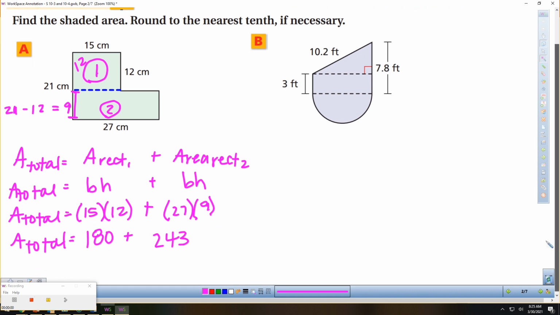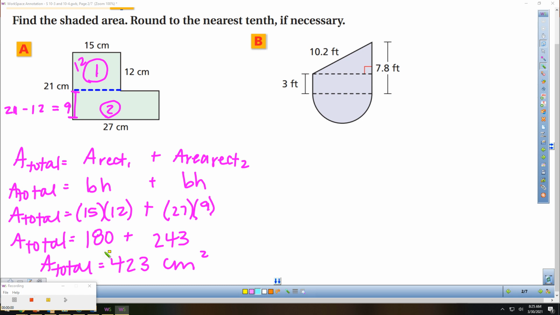And then when you add those together, your total area of this figure is 423 centimeters squared. Easy enough. Questions on example 1A?